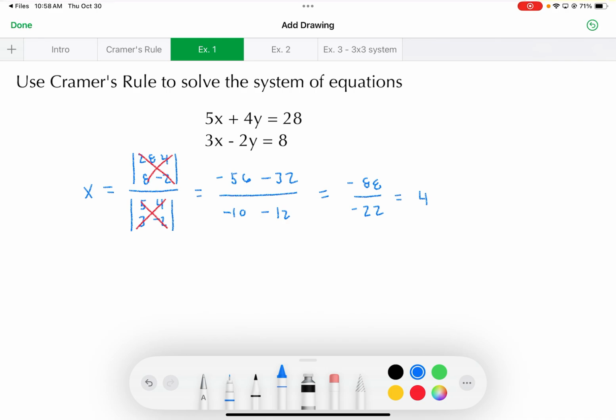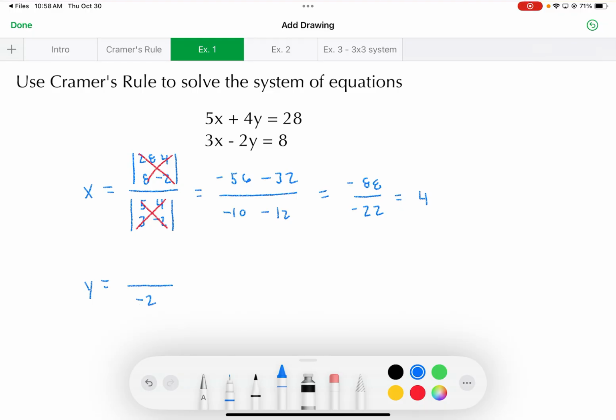All right, now at this point, you could take that 4, you could plug it back in for x in either equation, just substitute it in and solve for y, right? But I want to get more practice with Cramer's rule, so I'm going to set up y as well with this method. Now, I know the denominator should be the same determinant as I got for x, right?